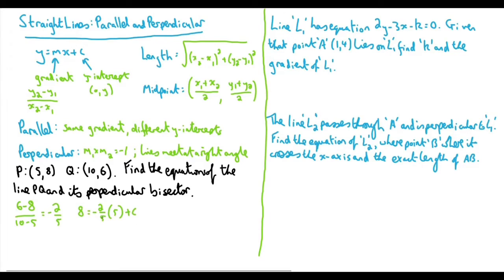Well, minus 2 over 5 times 5, the divided by 5 and times by 5 cancel, leaving us with just minus 2. So if 8 equals minus 2 plus c, to get c on its own, you would add the 2 over, giving you c as 10. Therefore, we can say the general equation of the line is y equals minus 2 over 5x plus 10.